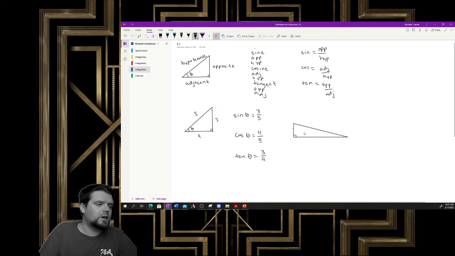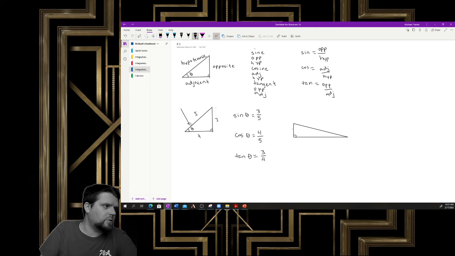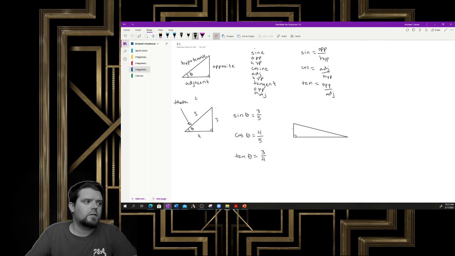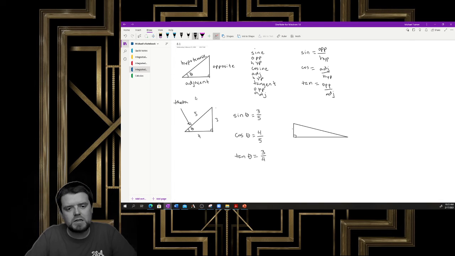However, which angle you are looking at is going to change which side is opposite and which side is adjacent. So for instance, in this example, I chose this angle down here. By the way, I'm using this symbol, a Greek letter theta. If you've never seen that before, that's typically what we use for angle measurements. But it could be any variable. I could put an x there, I could put a z there, but theta is most common when we're talking about angle measurement.